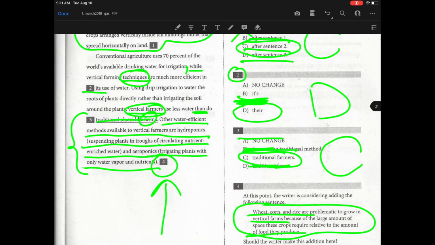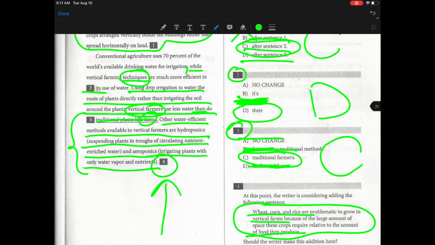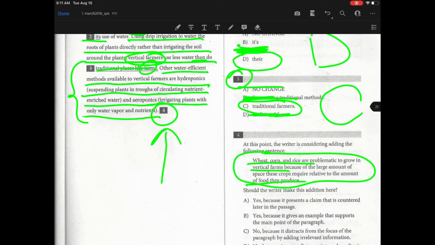They're talking about different methods available to vertical farmers. Now, can we look at something before? Using drip irrigation to water roots and plants, vertical farmers use less water than do traditional farmers, okay? Because that's what we have for question 3. And then they go, other water-efficient methods available to vertical farmers.